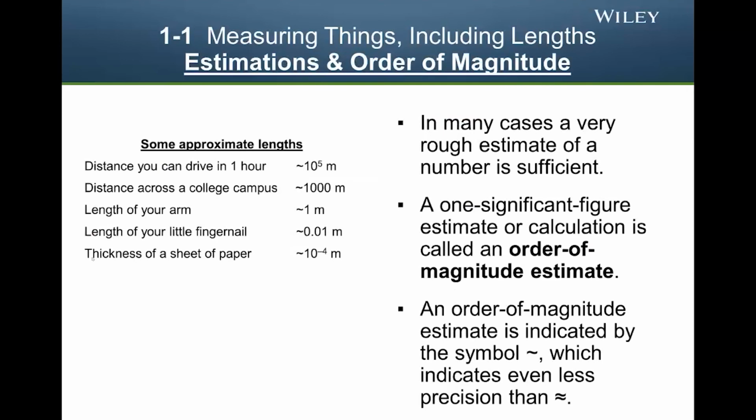Here we have some more similar things, everything we talked about before, except now we're going to talk about order of magnitude. The order of magnitude is basically being specific about something.